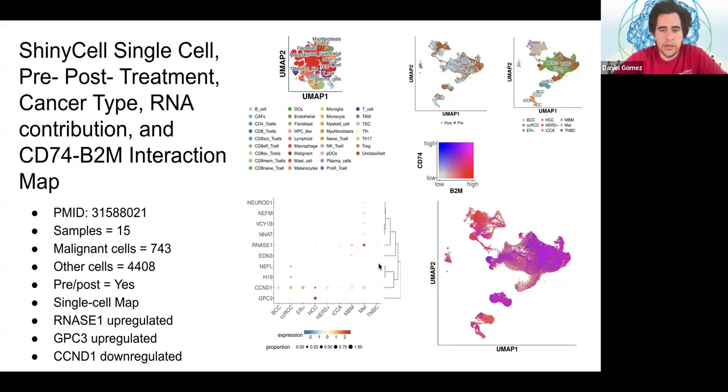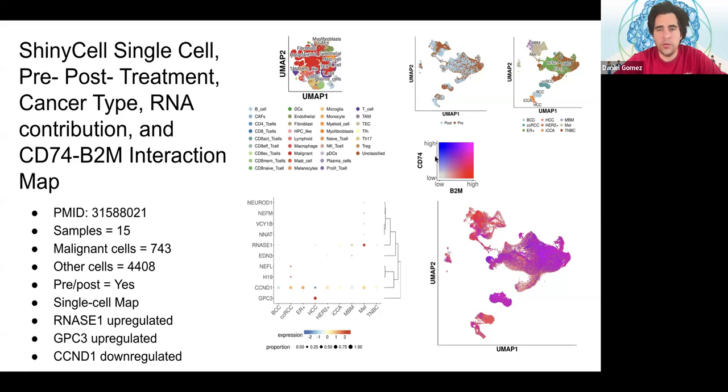Over here, we can see the expression of specific transcripts in the cell. So we have single cell RNA-seq and the transcript RNASE1 shown here for melanoma. And then for HCC or liver cancer, we see CCND1 and GPC3. So that's what's shown there.